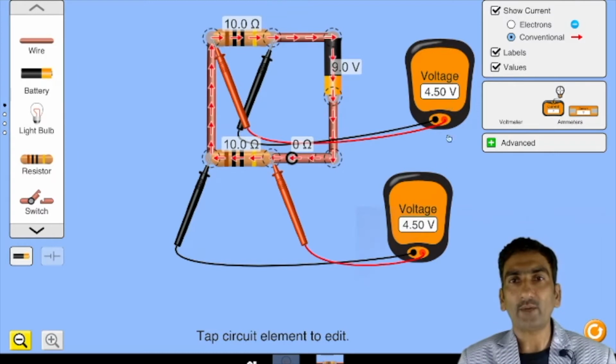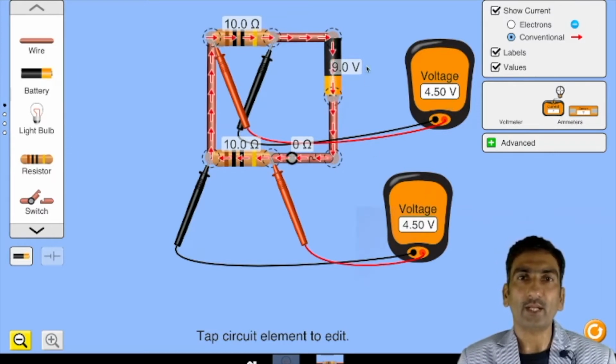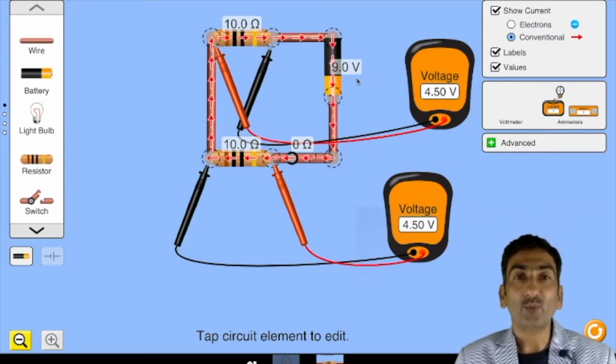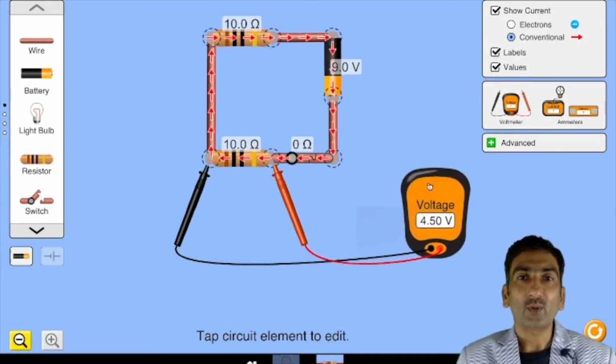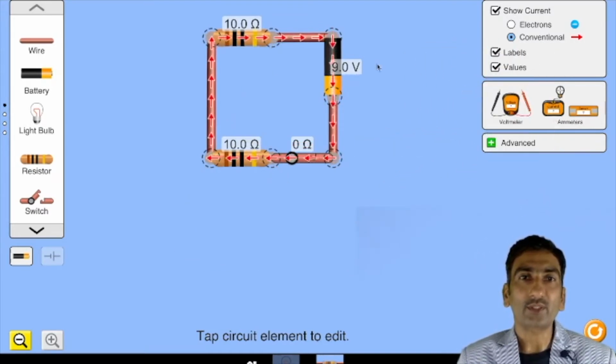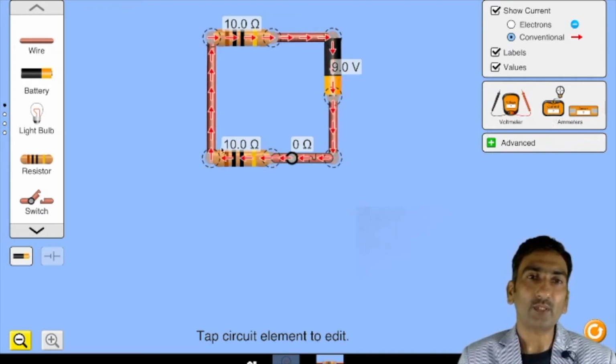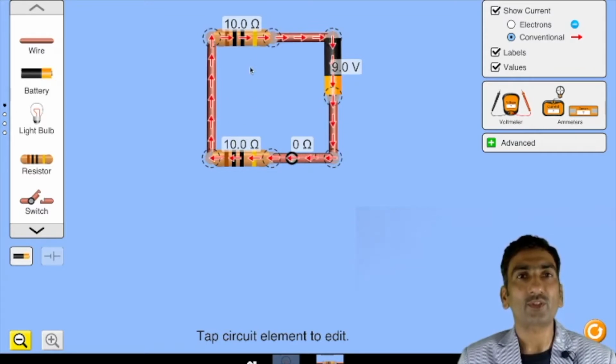So 4.5 volt and 4.5 volt, so net would be 9 volt. You got the concept over here. The net electric potential equals this one, that means whatever potential dropped here, or you can say the loss of potential across these two resistors, the sum of these two potential drops would be equal to that one.